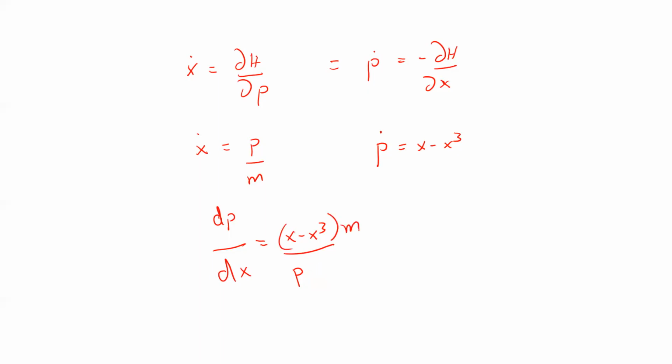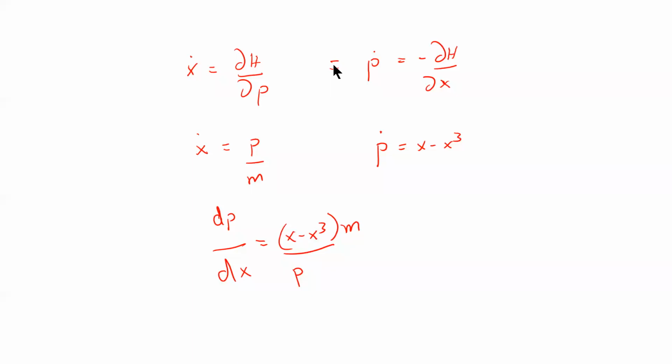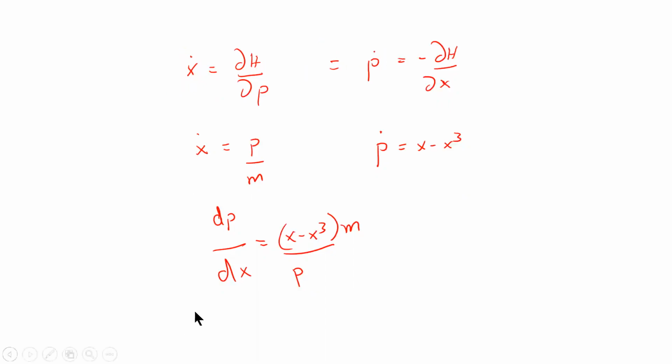Now bring all the x terms to one side and the p terms to the other side. Once you do that and integrate, you will get the equation for your phase space trajectory, from which you can infer the details. This is integration by separation of variables, obtained by rearranging this equation.